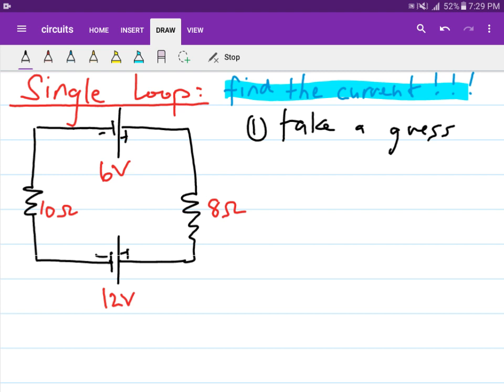So we will be solving it with, say, this direction. We will first assume that the current in this single loop is flowing in this clockwise direction. So we will call that current I.